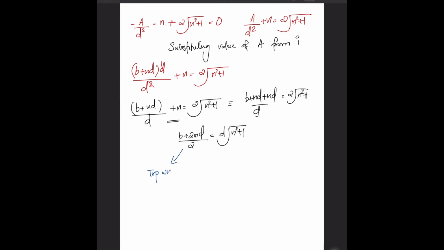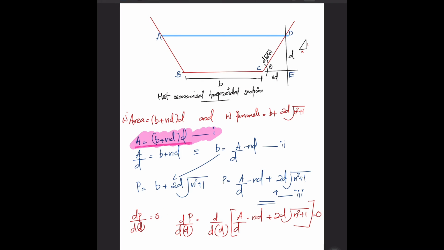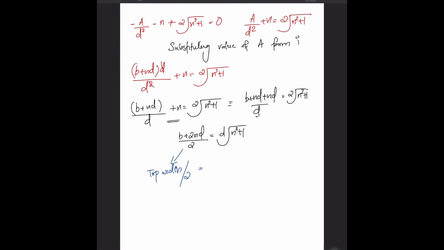Top width by 2 is equal to d into root of n square plus 1, which is the sloping length, one of the sloping sides.